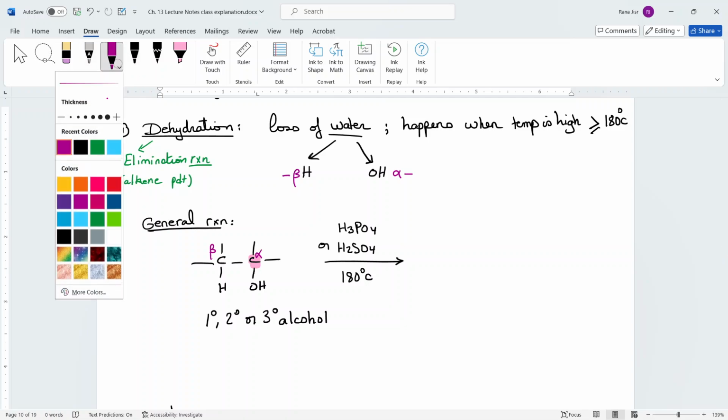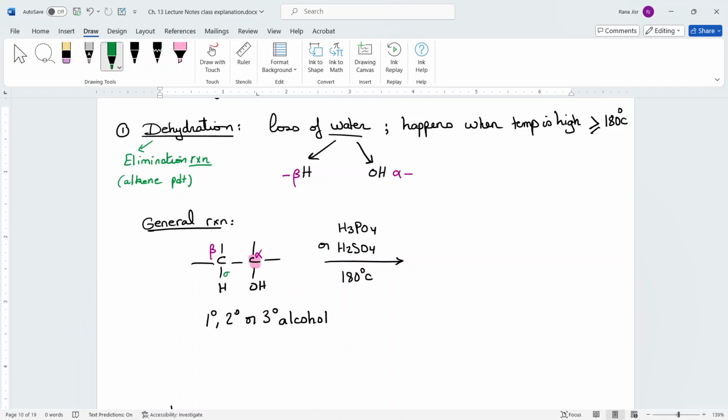I'm going to break the sigma bond between the hydrogen and the beta, and the sigma bond between the OH and the alpha. And whenever you break two sigma bonds, you will form a pi bond between the carbon alpha and the carbon beta, because this is where you lost the sigma bonds, just to compensate the loss. So your product is going to be an alkene.